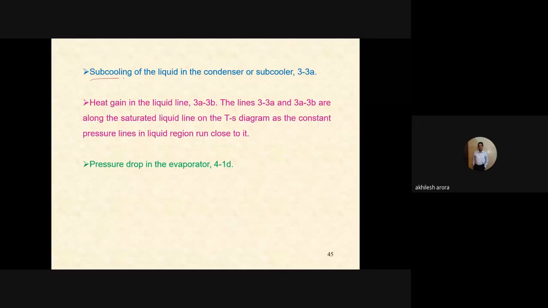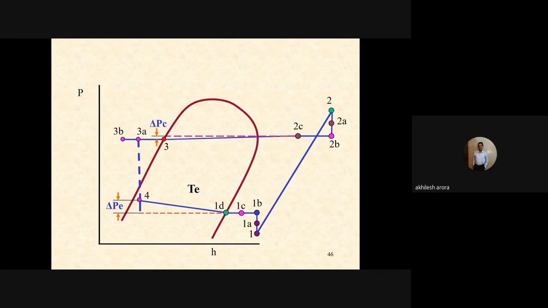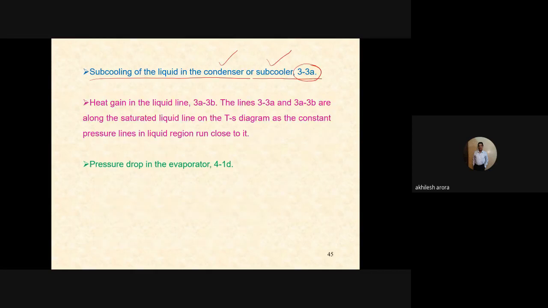Then subcooling of the liquid in the condenser or subcooler from 3 to 3A. As I told you, this can take place in the condenser or in the subcooler. Rather, it should be 3 to 3B, and here it should be 3B to 3A.